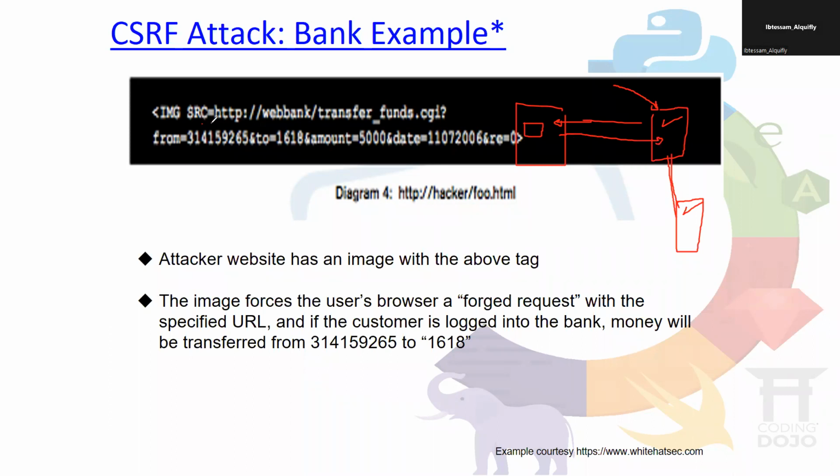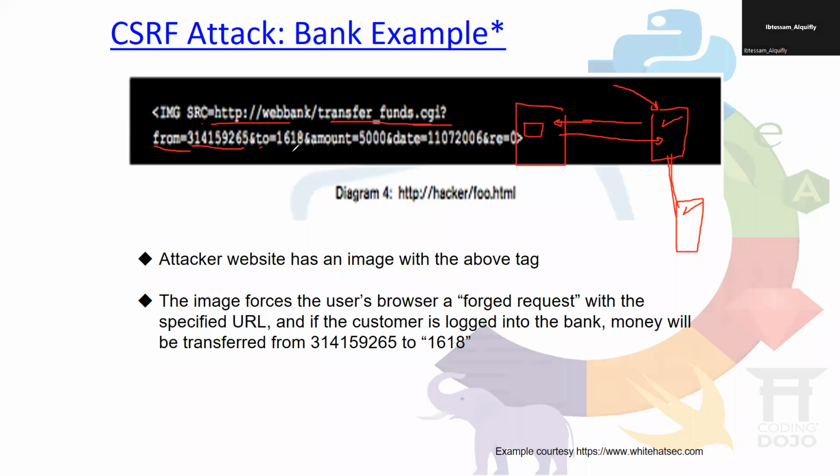What is the command saying? Go to bank, which is your bank. Go to a certain fund transfer page. You will go, and on this page, do the following: add to from a query string or a number, which is this one.